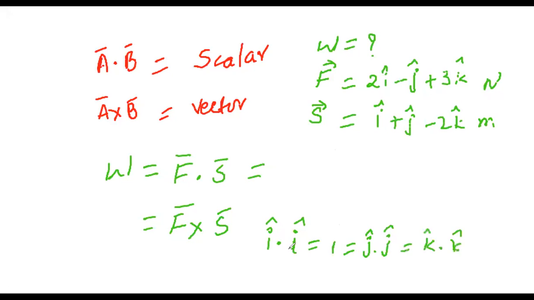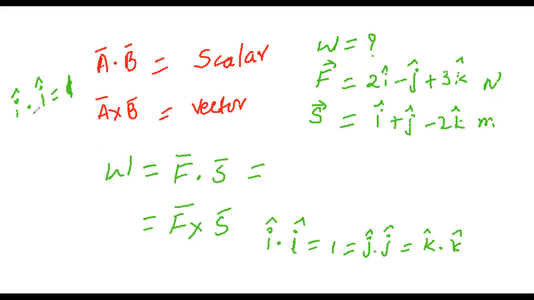Why should it be 1? Does anyone know this? Can you share your idea? Why should it be 1? You can unmute and talk to me. Does anyone know how to prove that i dot i is 1? Volunteers?